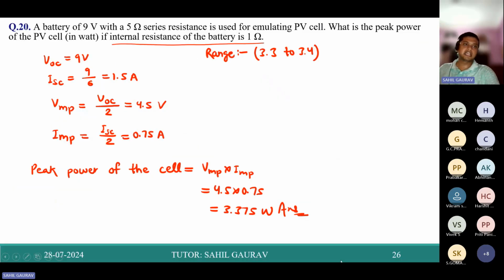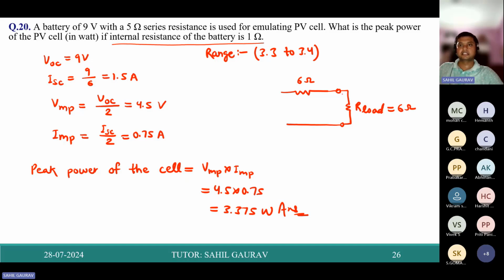How are we getting IMP equal to ISC upon 2? Because of this 6 ohm resistance. Whatever series resistance you have, the load resistance will be the same, so at maximum power it will also be 6 ohm.